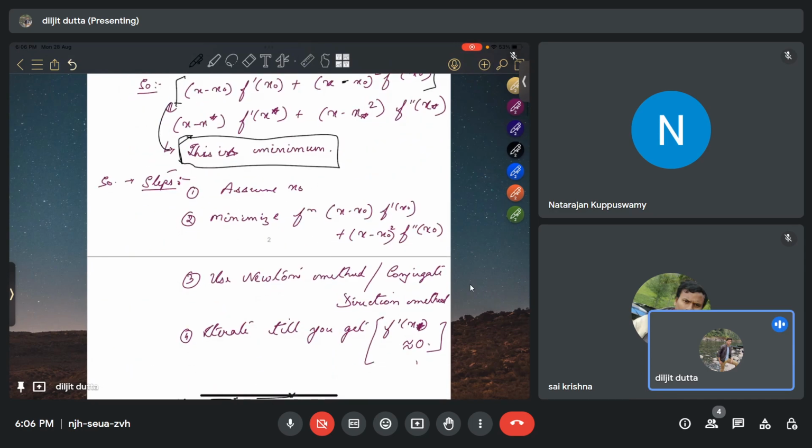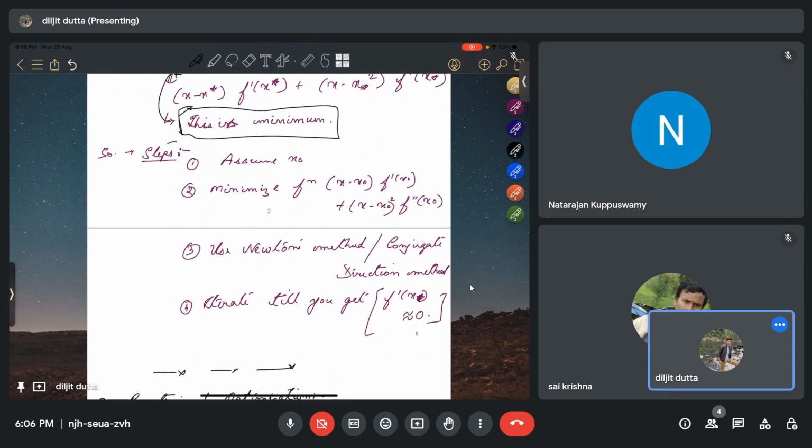Now the steps are: first we assume some value of x naught, then we minimize the function (x minus x naught) f dash x naught plus (x minus x naught) square f double dash x naught, using Newton's method or conjugate direction method, because now it is converted to a single variable problem.